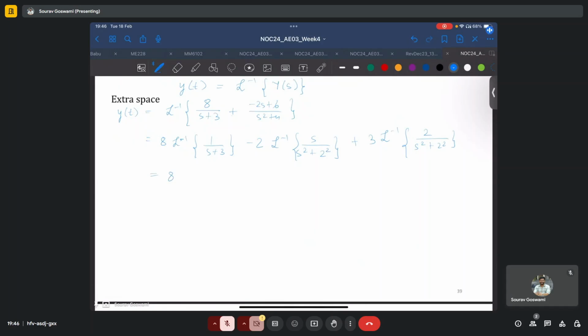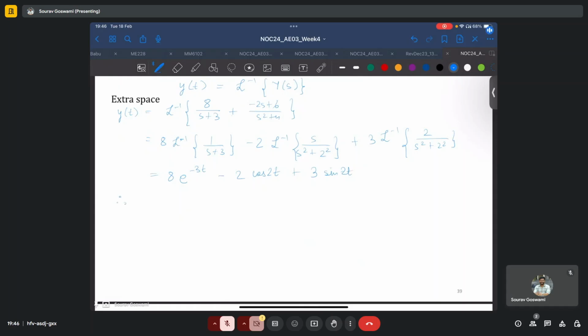The first one is simply e power minus 3t. This s by s square plus 2 square is simply the Laplace transform of cosine of 2t, and 2 by s square plus 2 square is the Laplace transform of sine of 2t.